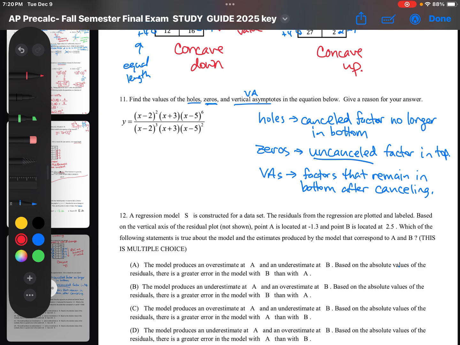Okay, so now when I'm looking at this, first thing I'm going to do is cancel things that can be canceled. So on the first one, I notice that I have x minus 2 squared, and on the bottom I have x minus 2 cubed. So on top I have 2 of those x minus 2's, and on the bottom I have 3 of them, okay?